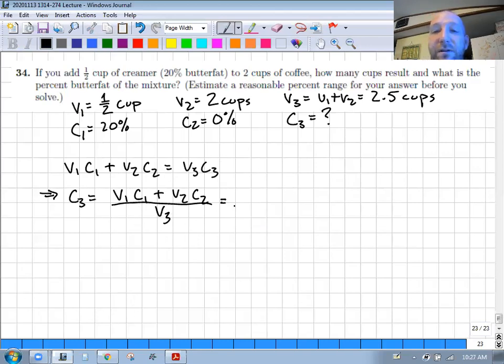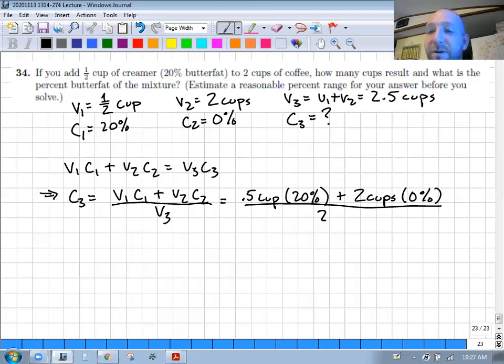So V1, a half a cup, I'll put it as 0.5 cups times 20% plus 2 cups at 0% over 2.5 cups.